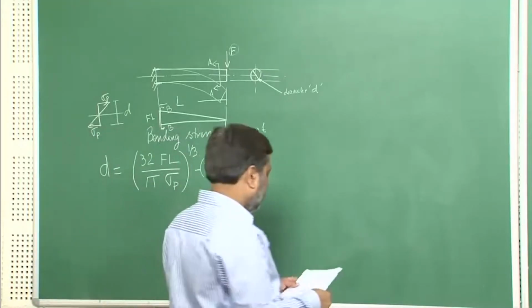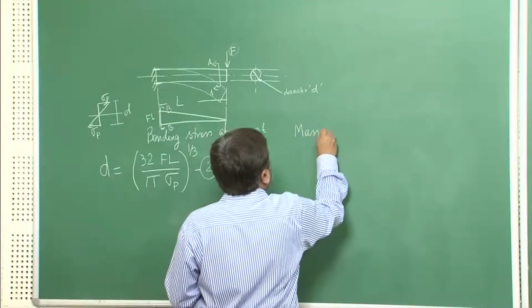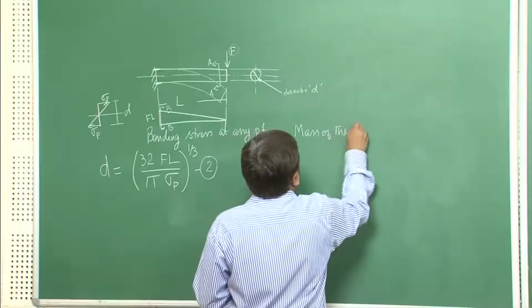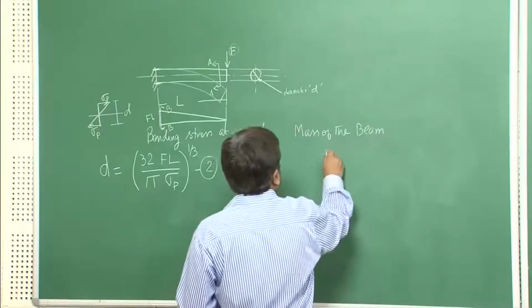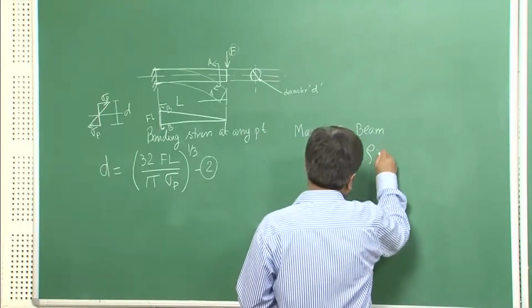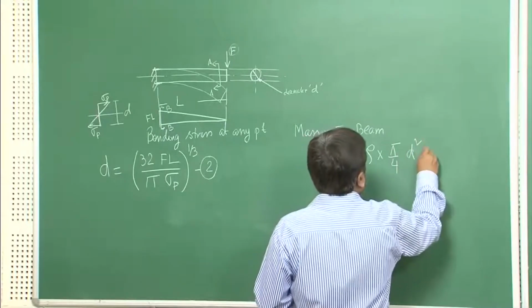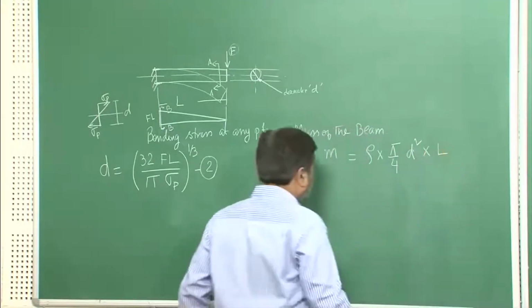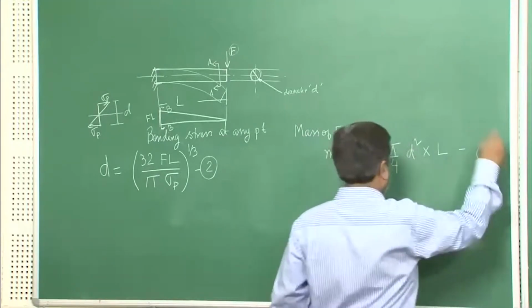Now, the mass of the beam is m equals rho into pi by 4 d square into L, right. That is my third equation.